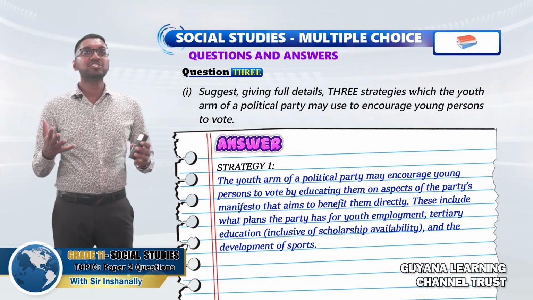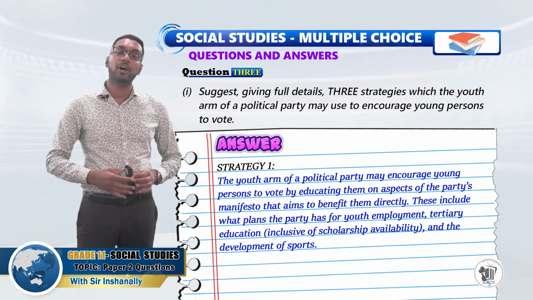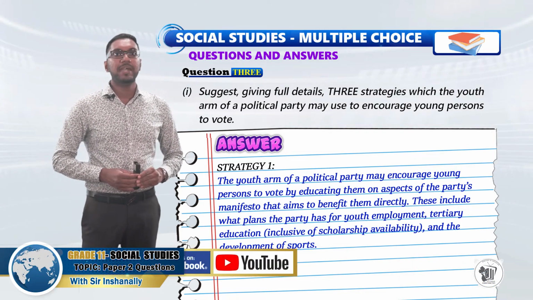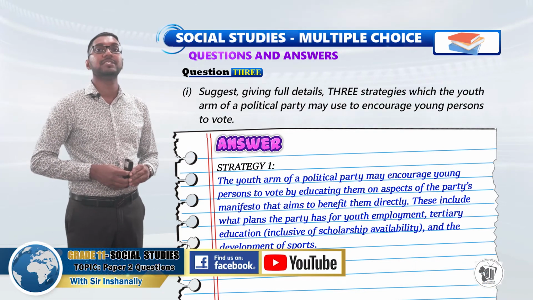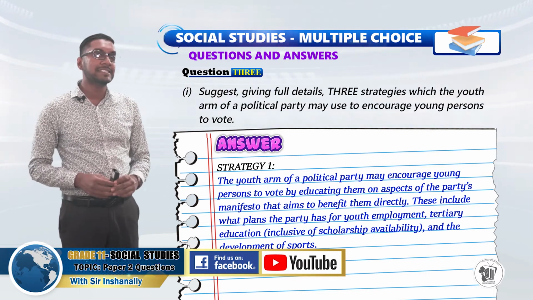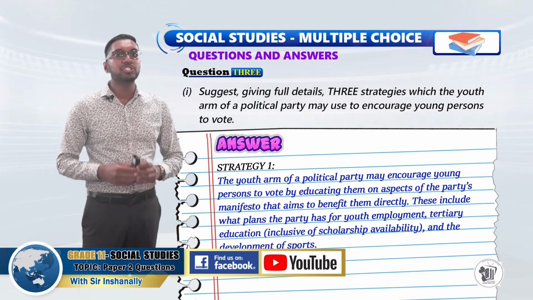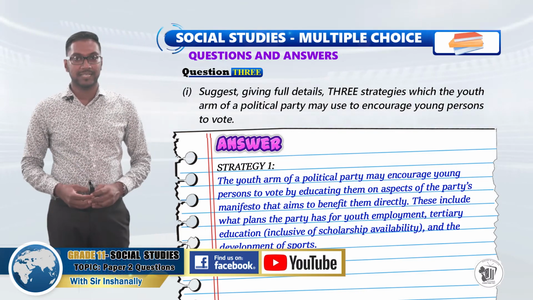All right, one of the strategies I can think of is that the youth arm of a political party may encourage young persons to vote by educating them on aspects of the party's manifesto that aims to benefit them directly.